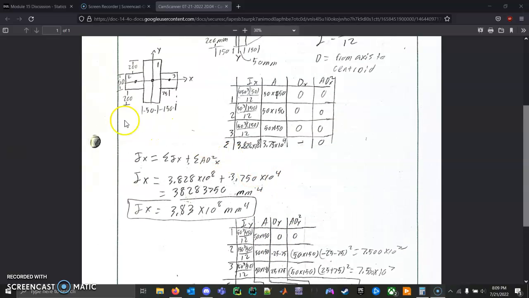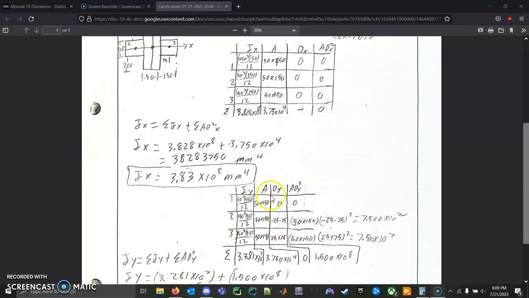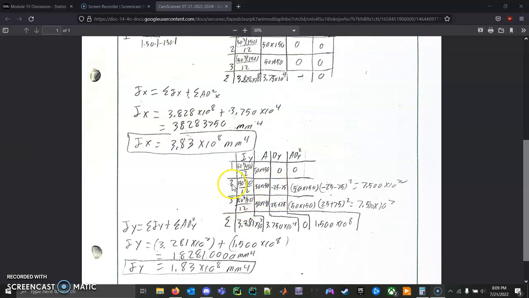On your y, it doesn't deviate from the centroid point, so it's going to be 0. Your A dy squared is also going to be 0. For 2 and 3, they're going to be the same for your Iy, where it's 150 cubed times 50 over 12, and the same for your area, but they'll diverge when it comes to your dy.